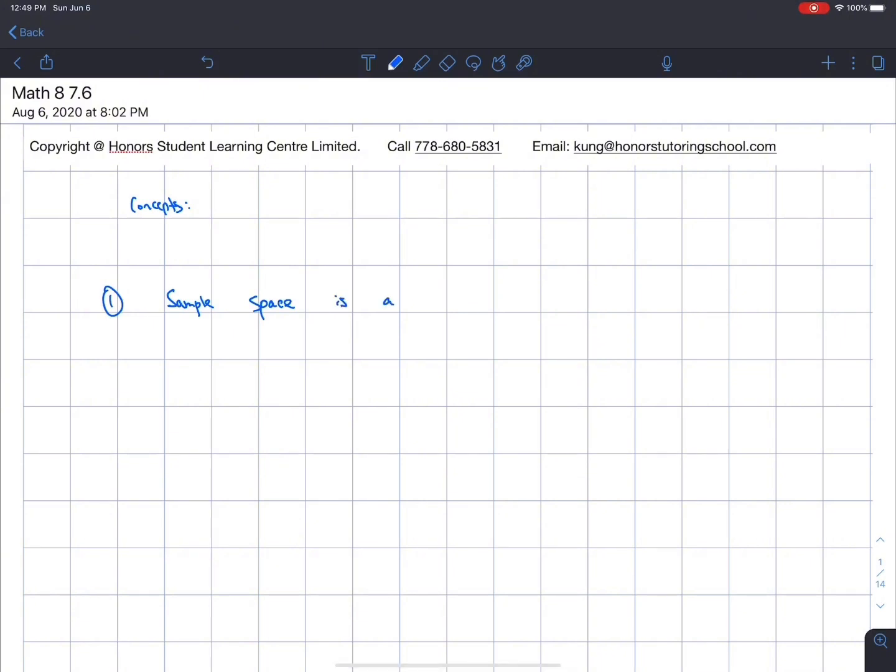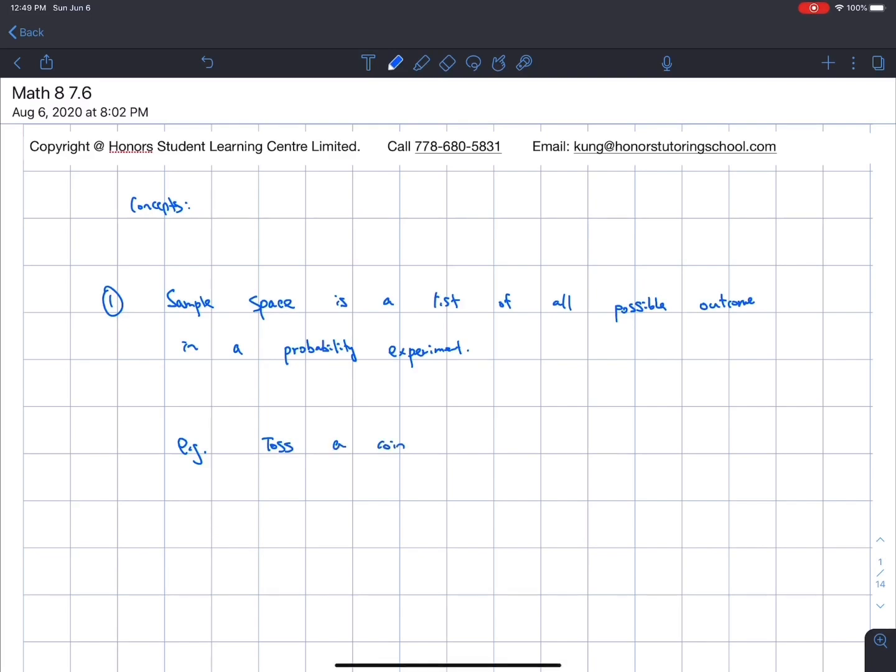It is a list of all possible outcomes in a probability experiment. I can give you an example. Let's say the experiment is just tossing a coin.